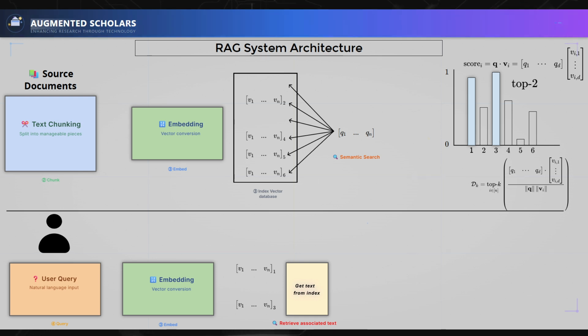In this case, it's top two, sorry, so just taking the two best scores with the dot product. Now we have the best scores for 1 and 3, and those vectors will be taken. Then we use these indices, 1 and 3, and we get the text chunks back.